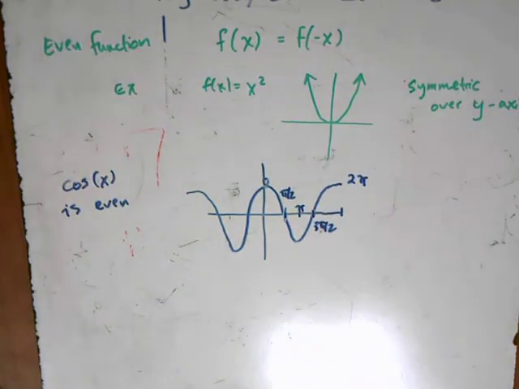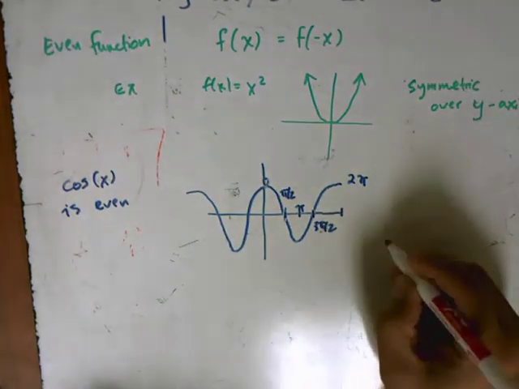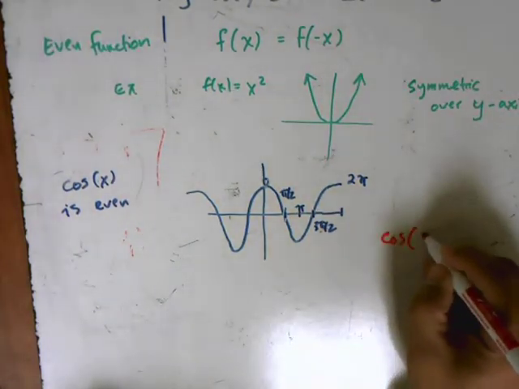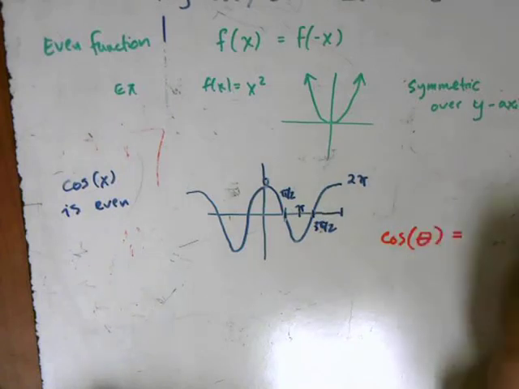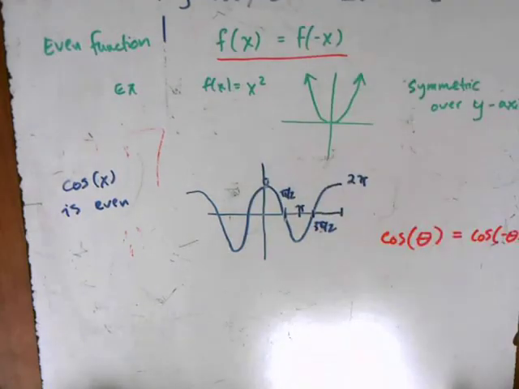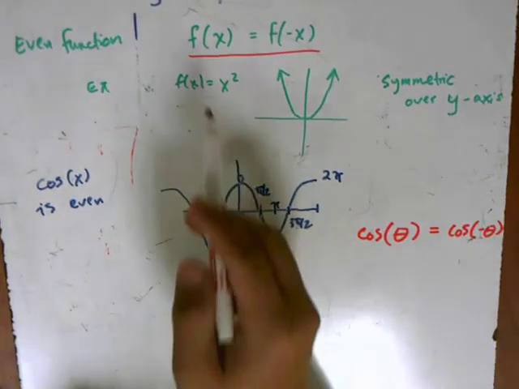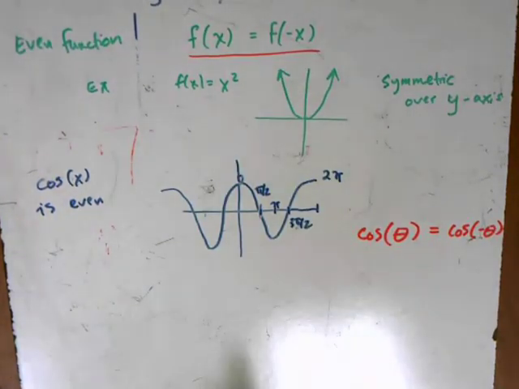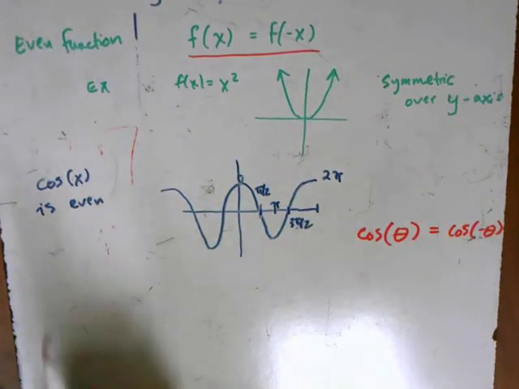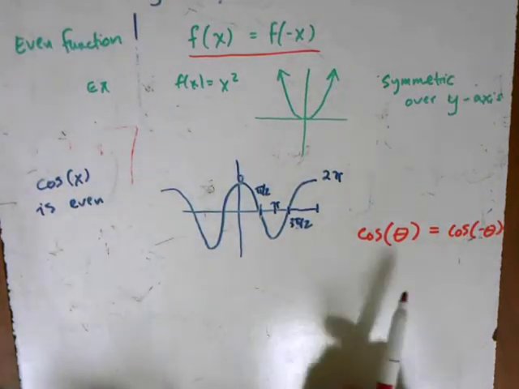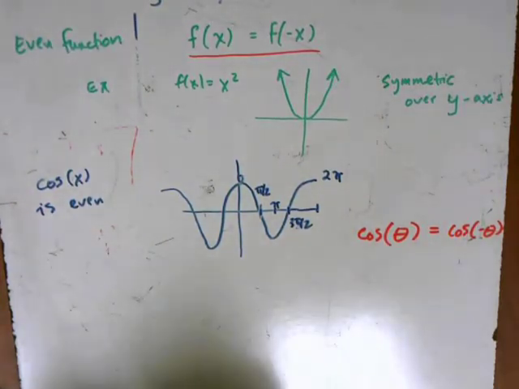One of the things that we can conclude from here is that cosine of theta will always be equal to cosine of negative theta. We're just applying this definition: f of x is equal to f of negative x for even functions. Since cosine is even, cosine of theta is equal to cosine of negative theta.